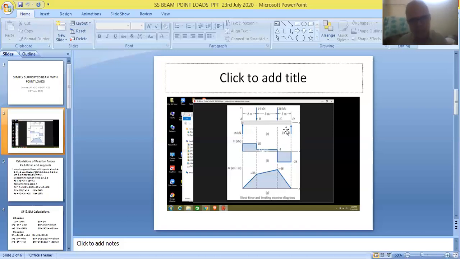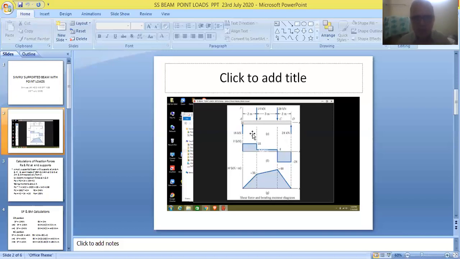So at each and every portion, we have to always consider a section at a distance of x meter from the right end of the beam. For the CD region, x has to be taken from the right end of the beam. At the BC region also, the section has to be taken at x meter from the right end of the beam.